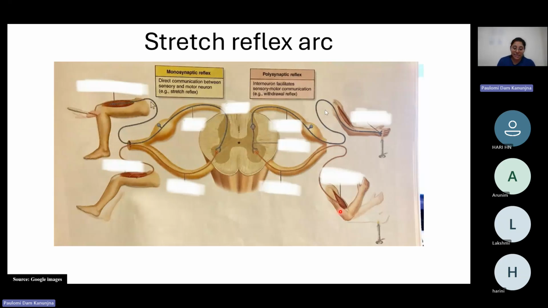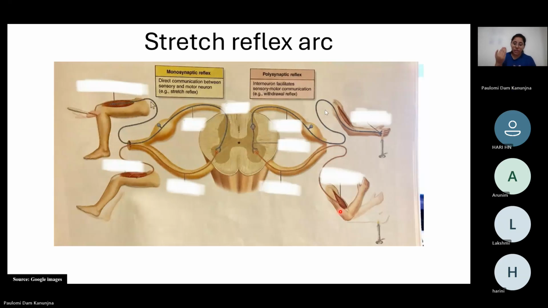That is basically dependent on the speed of conduction. In a monosynaptic reflex, you have only one synapse to cover for your final outcome, which is stretching your muscle. The knee jerk reaction is an example of a stretch reflex arc. There you need to respond very quickly, and that action takes place very fast. It's a very simple system, with no complexity because it is one neuron to the other neuron.